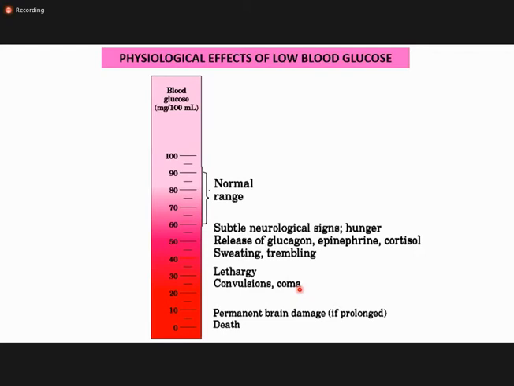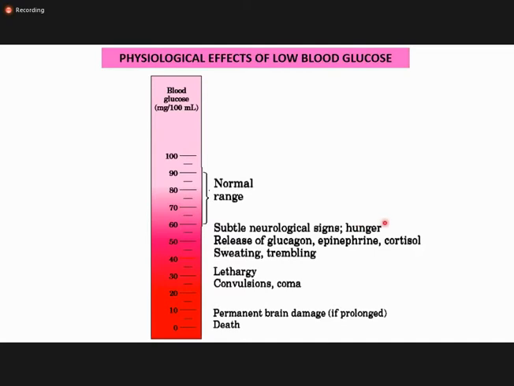So, in a normal individual, it is not possible for the blood glucose concentration to go below 60 milligrams per dl. This can only happen in someone with long-standing conditions, a poor diet, or someone who is diabetic and on hypoglycemic drugs.